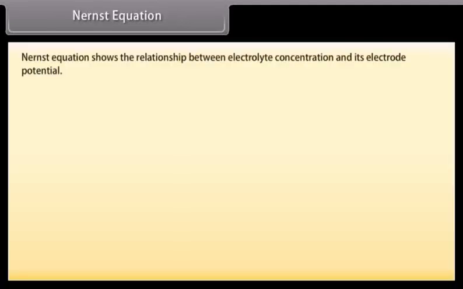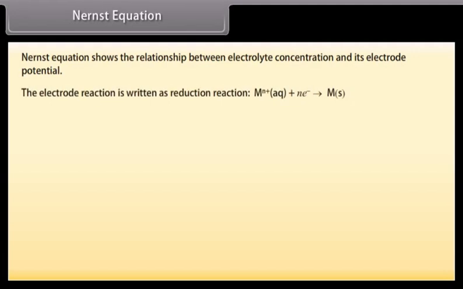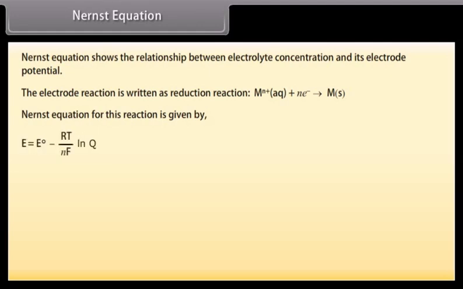Nernst equation. Nernst equation shows the relationship between electrolyte concentration and its electrode potential. The electrode reaction is written as a reduction reaction. Nernst equation for this reaction is given by E is equal to E naught minus RT upon nF multiplied by natural log of Q, where Q is the reaction quotient.